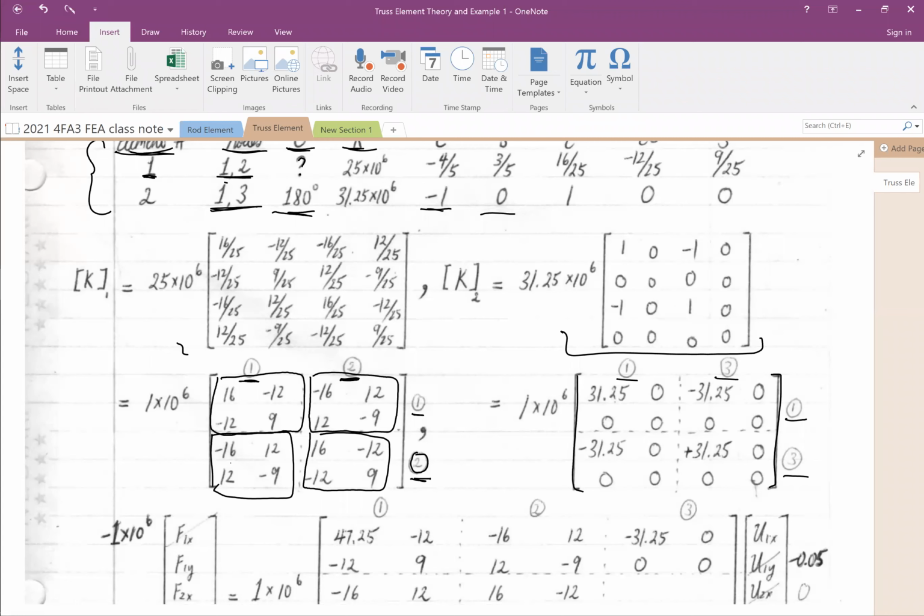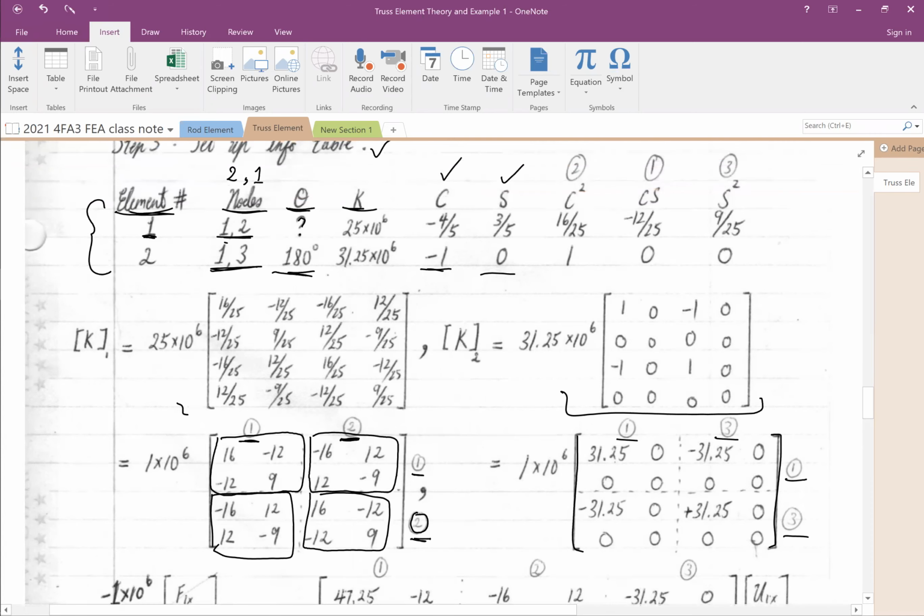What it does is transform the displacement in the hat reference frame to a regular reference frame. The construction of this matrix is prepared by this information table. I want to see that in all your assignments, quizzes, tests, and exams.